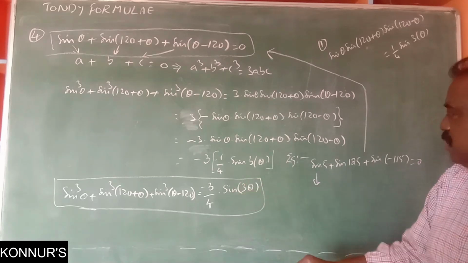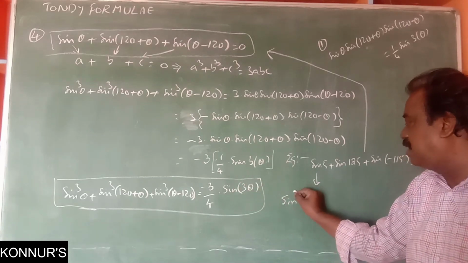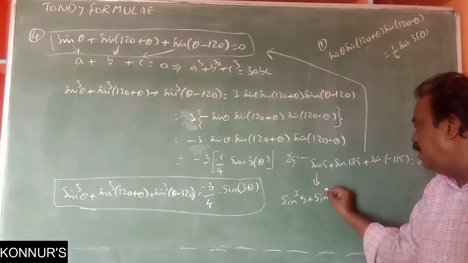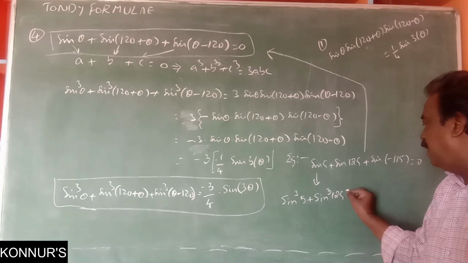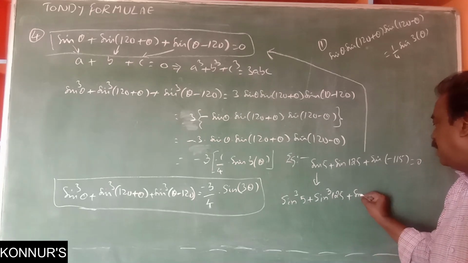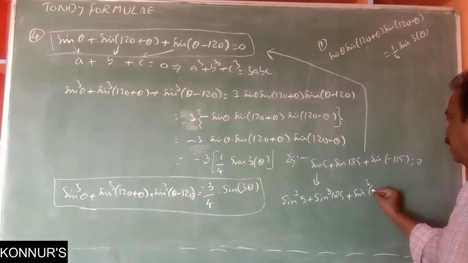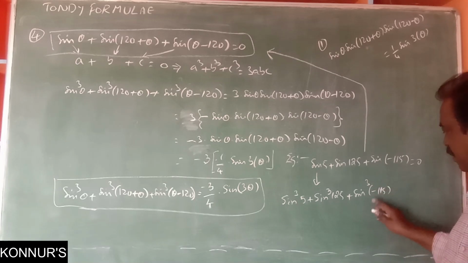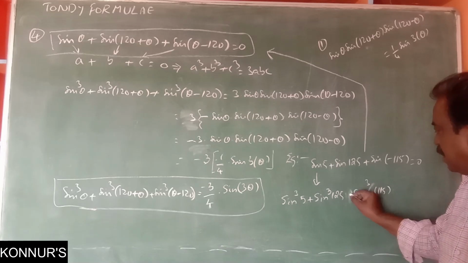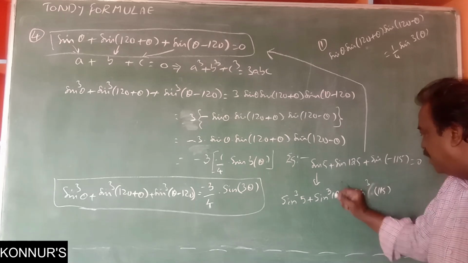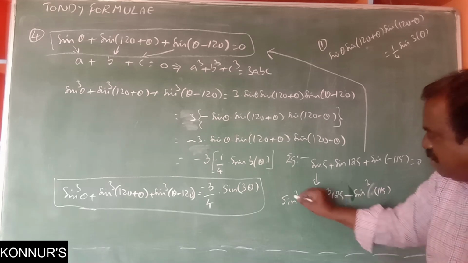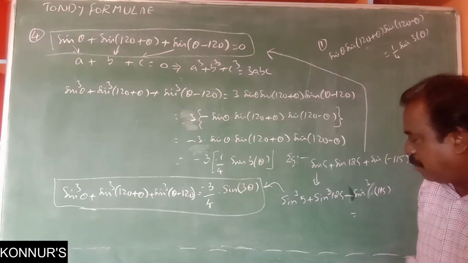Here also, by using this, it can also be asked as sin cube 5 degrees plus sin cube 125 degrees plus sin cube minus 115. Try to understand. Its answer is just like this formula.